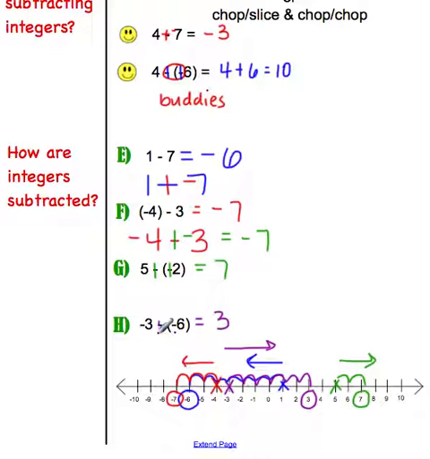You can also remember adding the opposite, chop chop, make them positive. -3 plus +6. Then we take the absolute values of 6 and -3, which give you 6 and 3. 6 minus 3 is 3. 6 is positive, that's why the answer is positive.